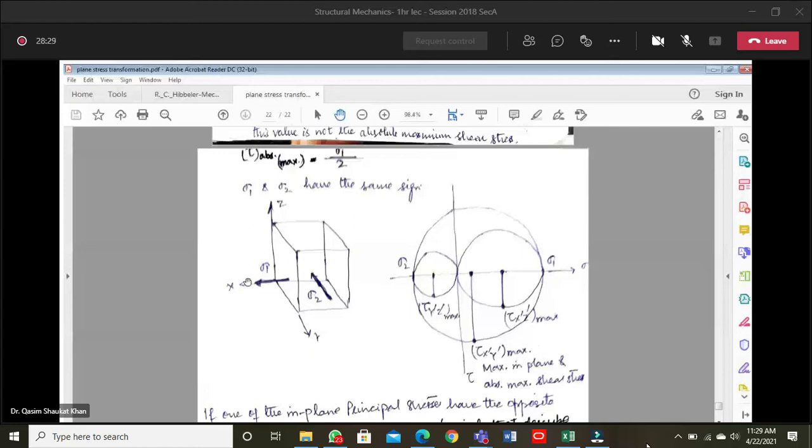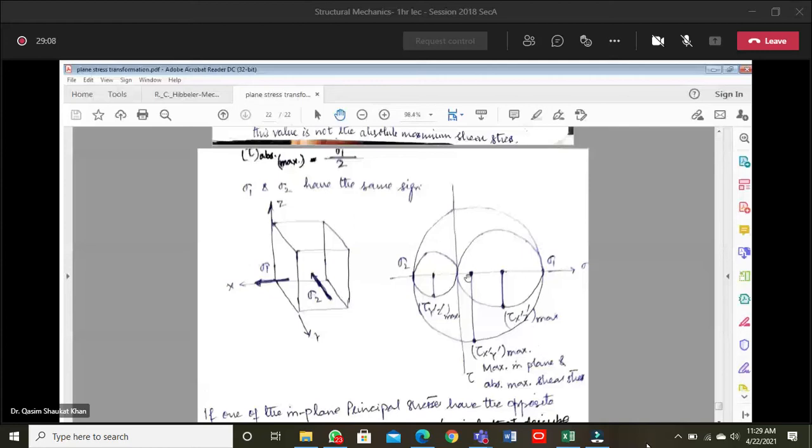And similarly, the maximum in-plane shear stress is the one which includes X and Y, which includes both sigma 1 and sigma 2. Same. Is this clear? Maximum in-plane shear stress and absolute maximum shear stress are both the same here.